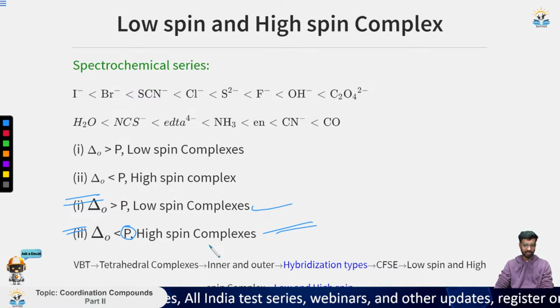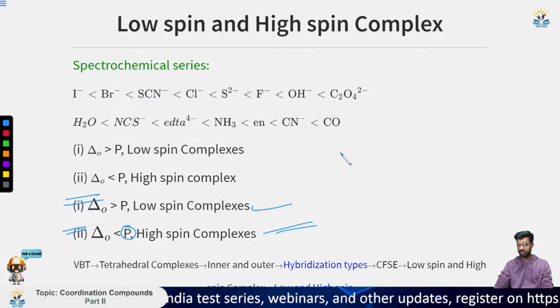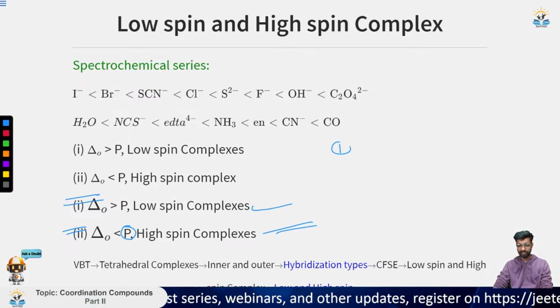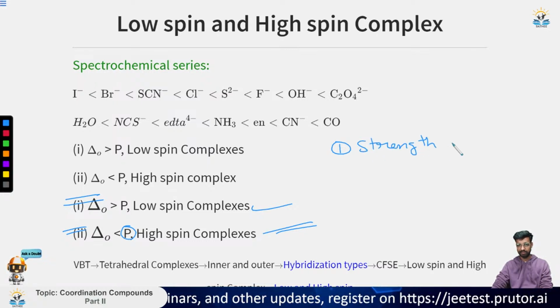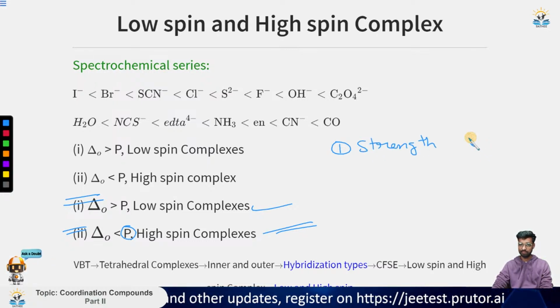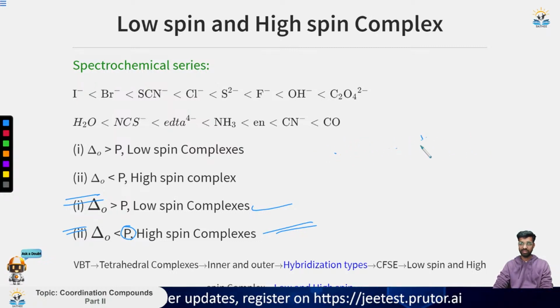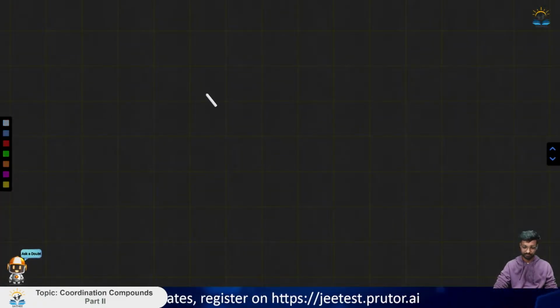Now, what I was saying is that we have two conditions. The first one is the strength of the ligand. So the first factor is the strength of the ligand. Let me write it on the board.